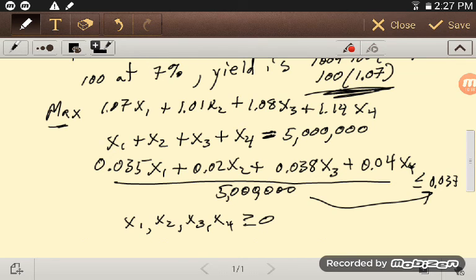Okay, but that's our model. We want to maximize our yield. We have to spend all $5 million, and our average risk has to be less than or equal to 0.037, and all our variables need to be at least 0. Okay, I think that did it. So that is exercise 7.